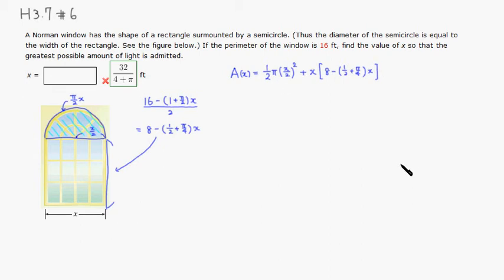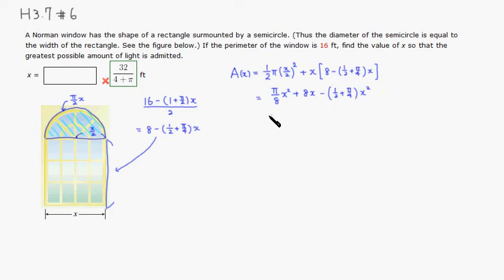Then let's clean up a little bit. There's pi on top, and the 2 squared, so that's pi over 8 x squared. And then you have 8x, so distribute x to the 8. And here minus 1/2 plus pi over 4 x squared. So you have a pi over 8 x squared here and a negative pi over 4 there.